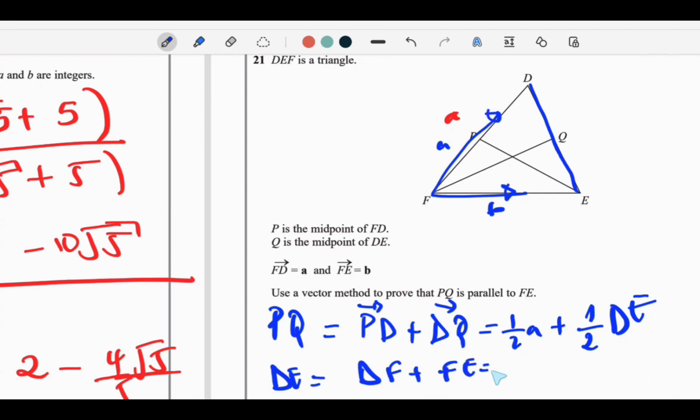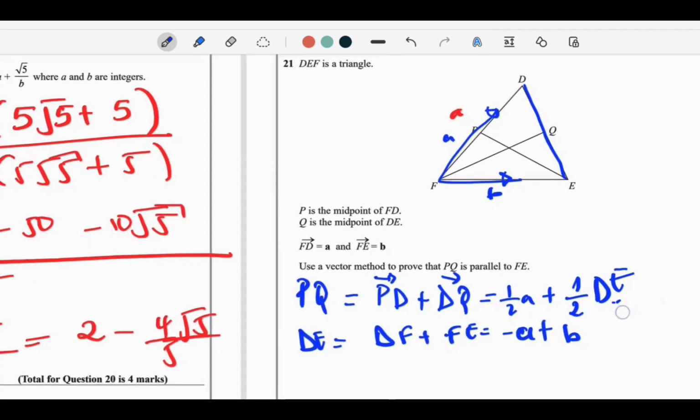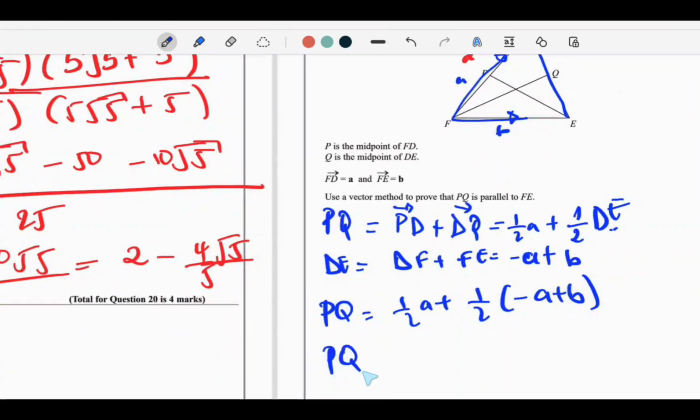And then F to E, which is negative A plus B. Okay, I can finally plug it in here. So my PQ would be half of A plus half DE, which is negative A plus B. So then PQ is half of A plus negative half A plus half of B. Half A cancels out and we're going to have half of B, which is perfect.